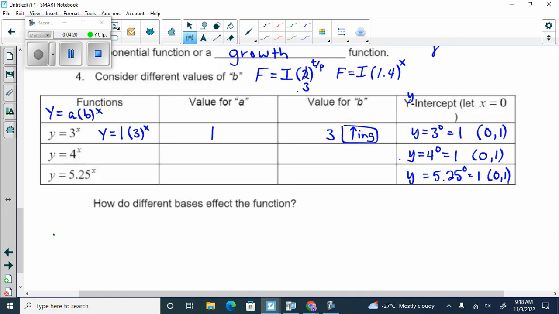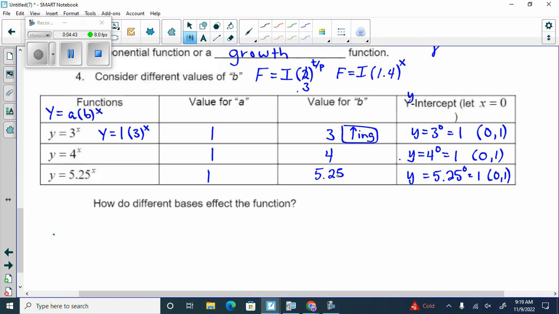So the value of a in this one is a 1 and a 1. That didn't change. The value of b for this one is 4. So it's actually growing faster than 3, right? And then this one is 5.25, which is growing faster than 4 and 3. Because 3 is 300 percent, 4 is 400 percent, 5.25 is 525 percent growing, right?